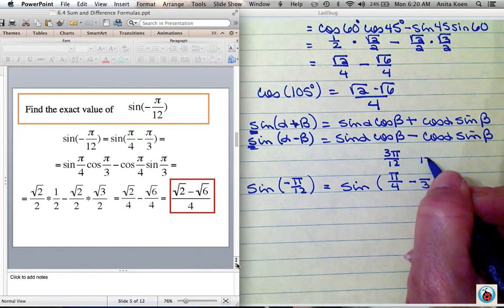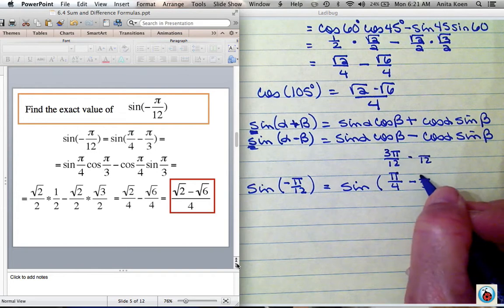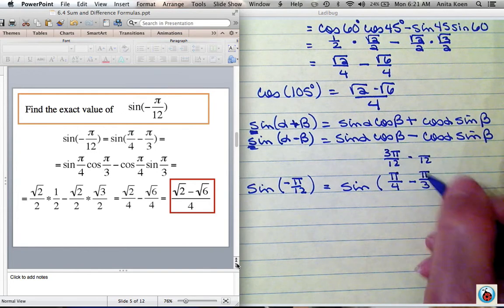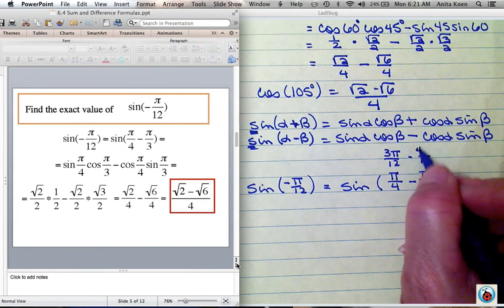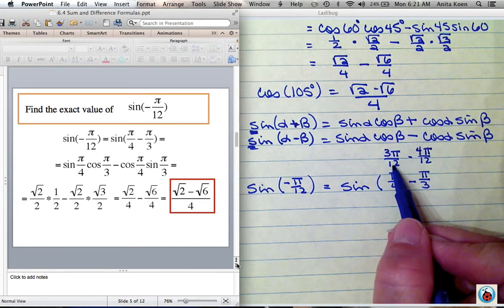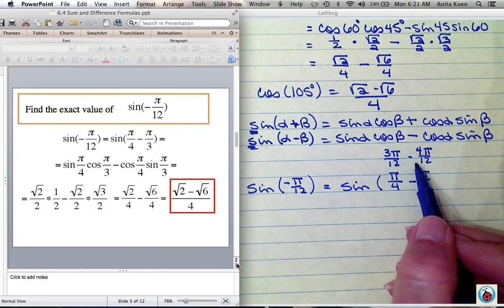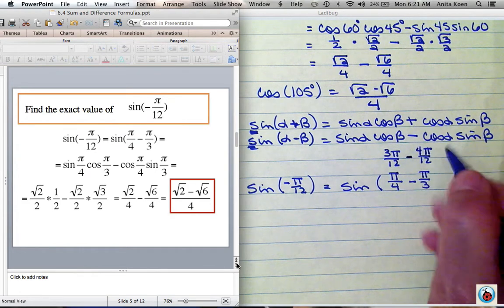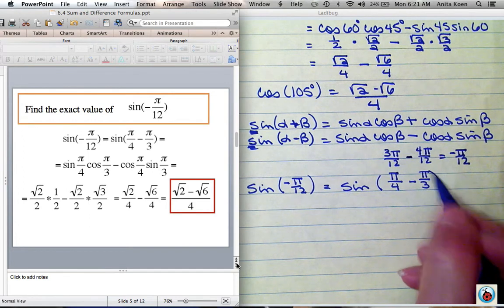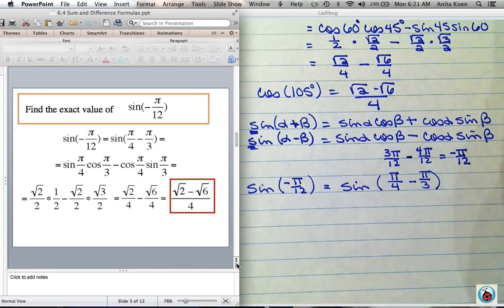And I'm going to change pi over 3, oh, I didn't put my pi here, I'm sorry, pi over 3 to a denominator of 12. 3 goes into 12 4 times, and 4 times 1 is 4, so that's 4 pi. And if I subtract 3 pi over 12 minus 4 pi over 12, that gives me negative 1 pi over 12. So that's where I came up with my pi over 4 minus pi over 3, because when I subtract them, I get negative pi over 12.